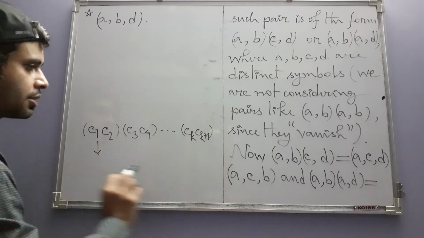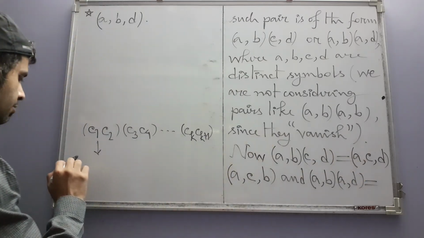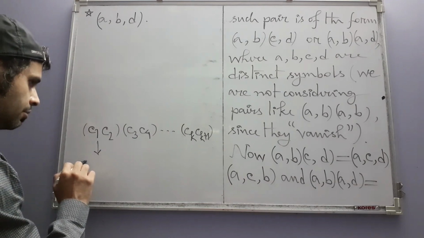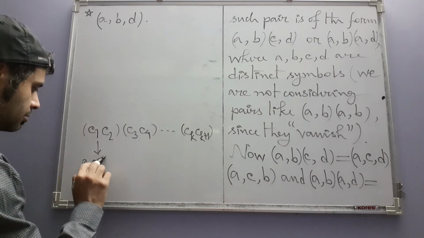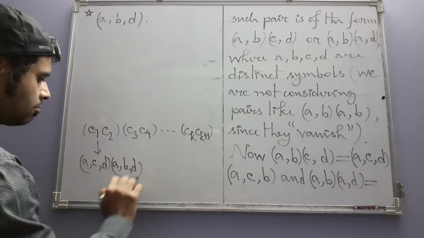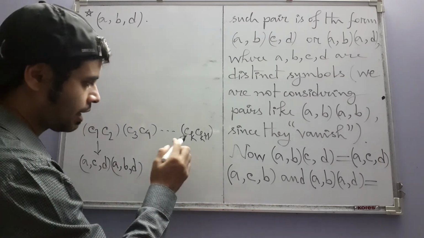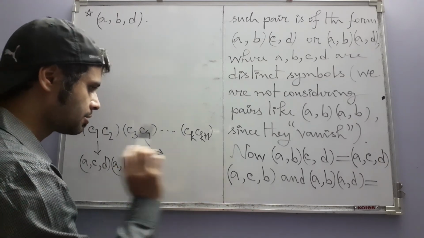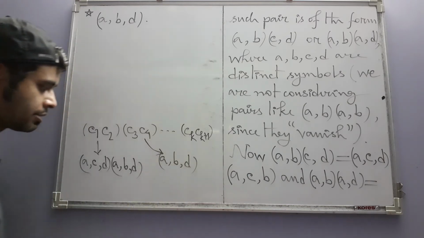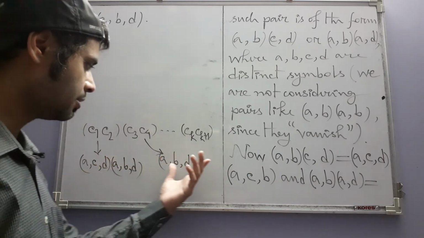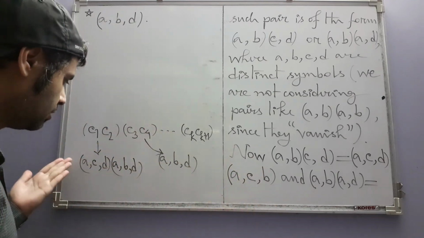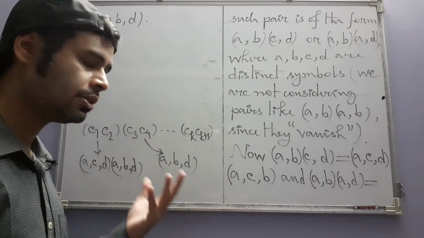If this one, for example, is of this type, then it's a product of these 2 3 cycles, (A C D) and (A B D). Whereas if this one is of the second type, then it's a single 3 cycle. So once you write these 3 cycle representations for each of these pairs, you end up having a product of 3 cycles.